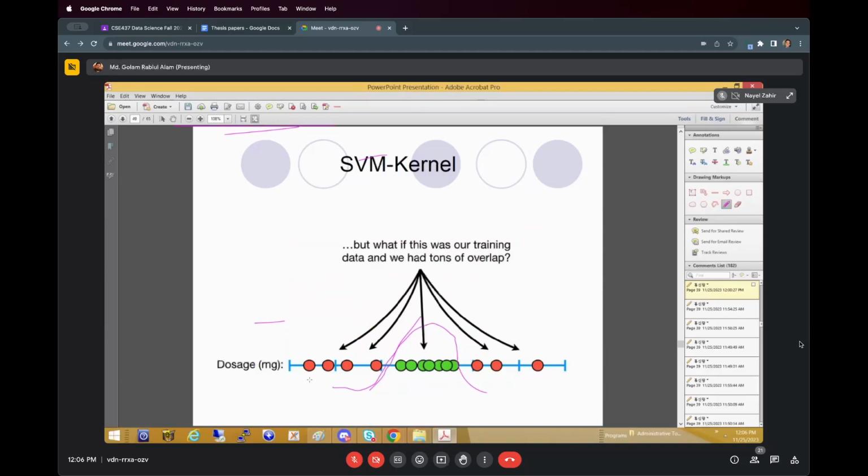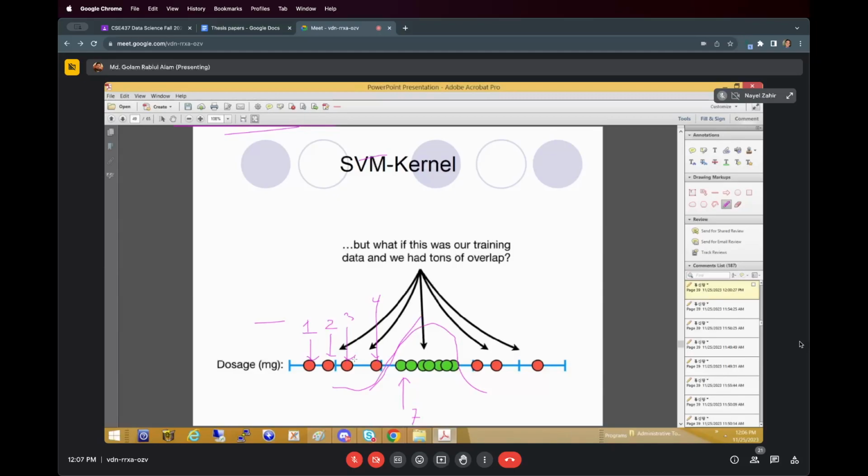For this data point, maybe we can say 1, and for this data point 2, maybe this one is 3, this one is 4, and maybe this one is 7 or something.